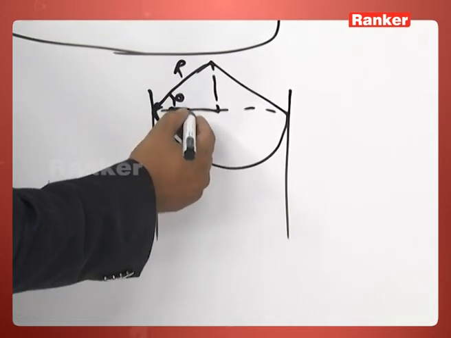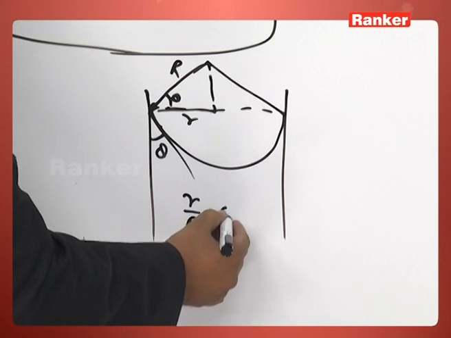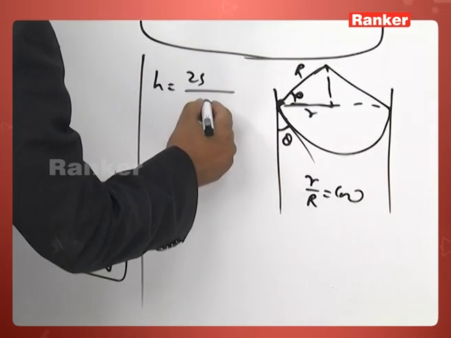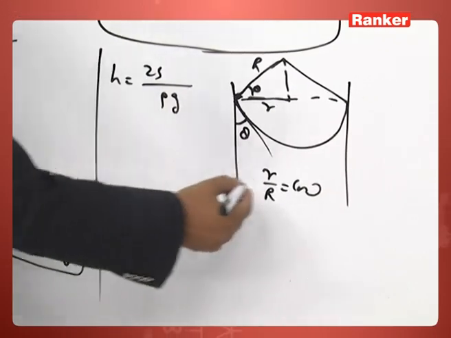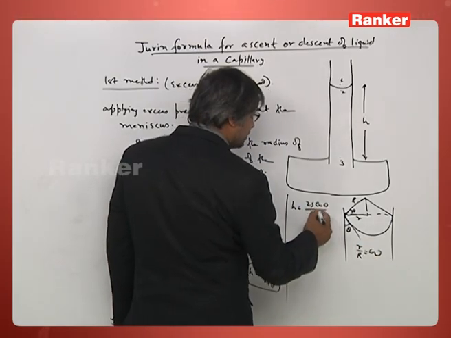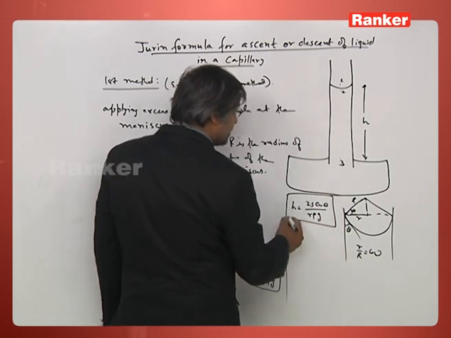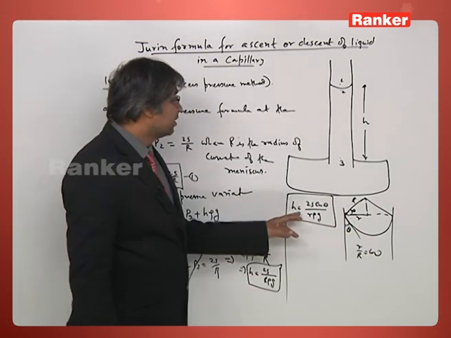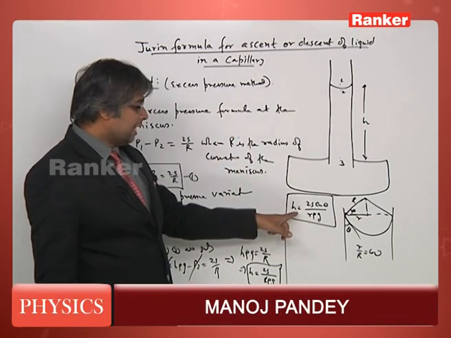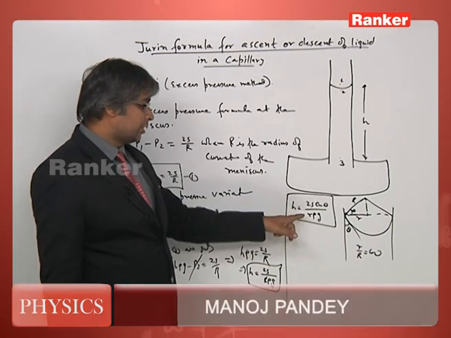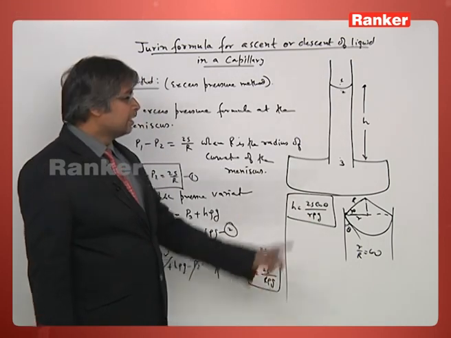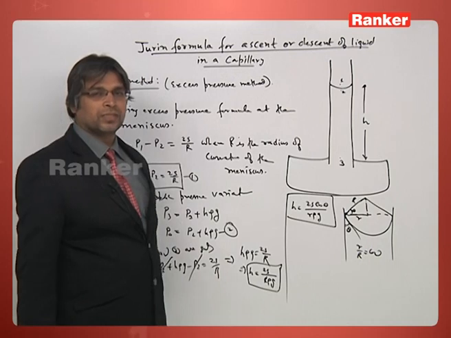So you have small r by capital R as cos theta. So H is equal to 2s by rho g, and I will write 1 by r as cos theta by small r. So H is 2s cos theta by r rho g. This is nothing but Jurin's formula. Jurin's formula tells that h, the height to which the meniscus will rise, will be 2s cos theta by r rho g, where r is the radius of the capillary. This capillary is of circular cross section.